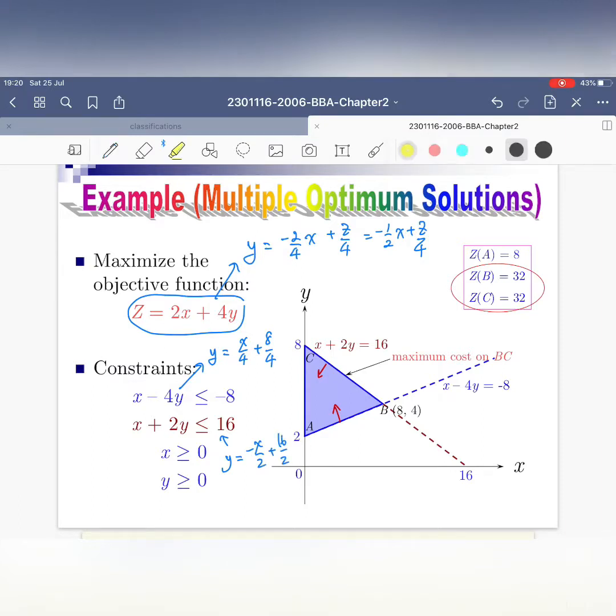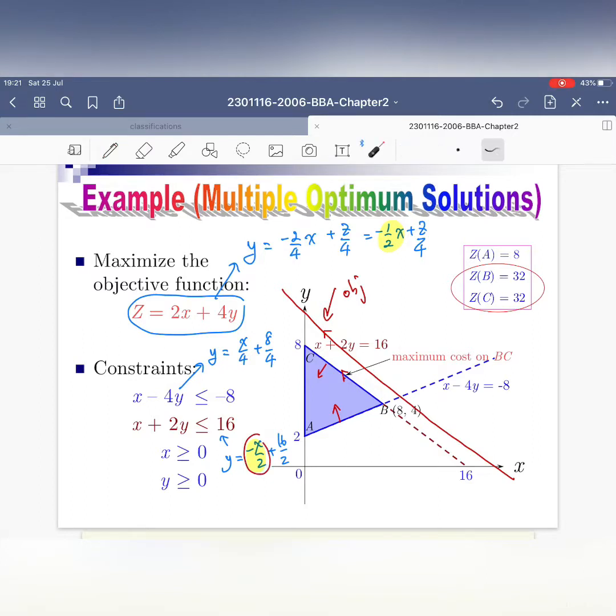So here, can you see that this one and this objective line have the same slope? The objective line has a negative slope, so it will be the line that is going down like this, and it must be parallel with your x plus 2y equals 16 because of the same slope here.